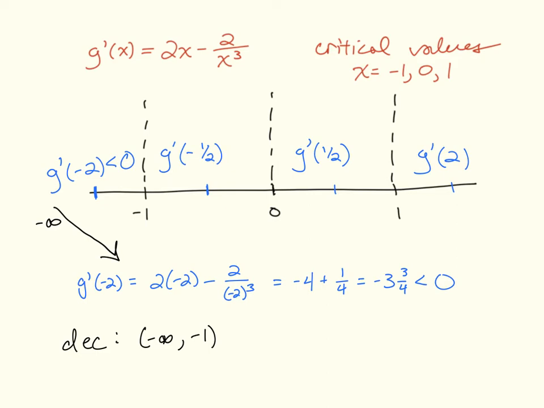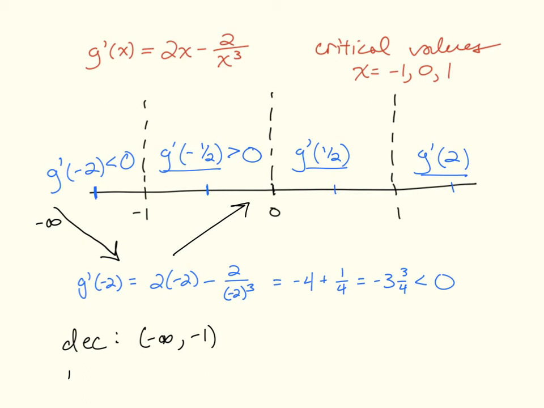And if you go through and you figure out all of these values, like we did down here, then you will see that when you evaluate the derivative at negative 1/2, you will get back something that is positive, which means that interval is increasing.